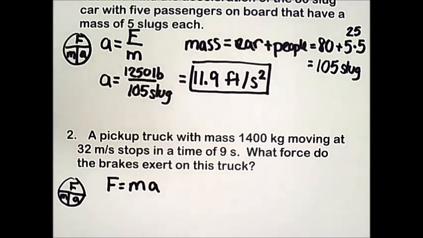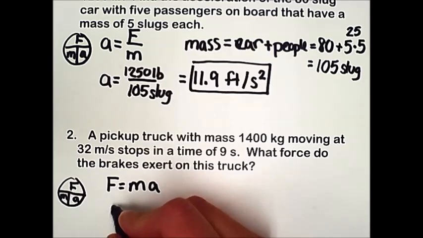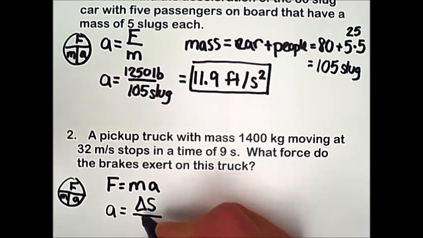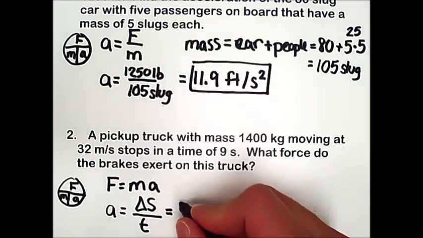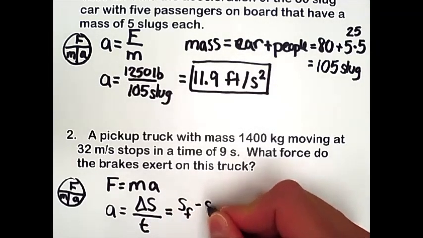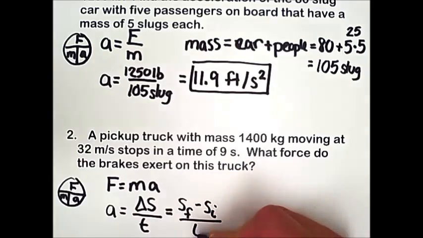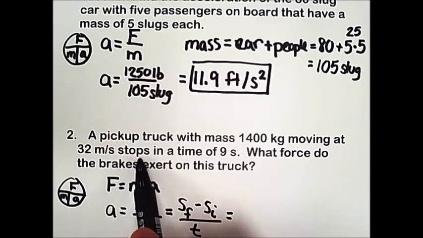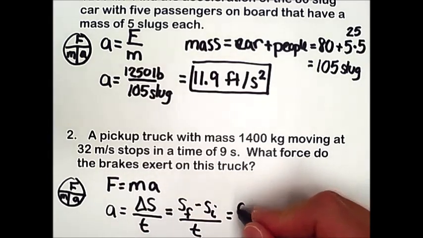So thinking back to Unit 1, we learned that acceleration is equal to the change in speed divided by time. So again, change in speed is final speed minus initial speed divided by time. So in this problem, the final speed, well, we're slowing down to a stop, so our final speed will be 0.